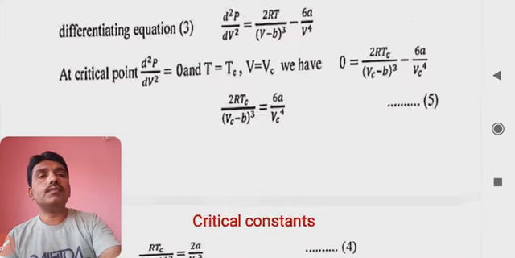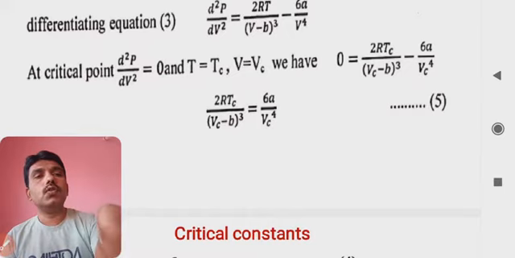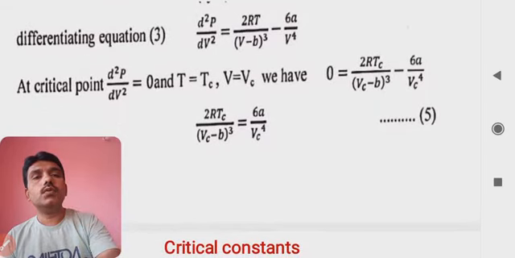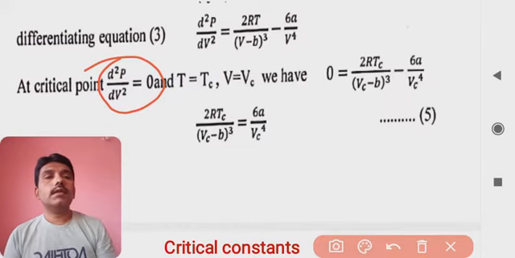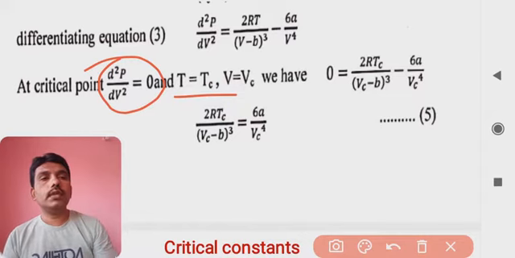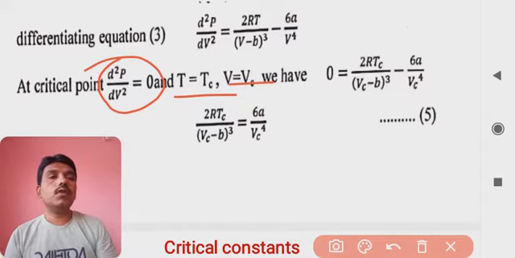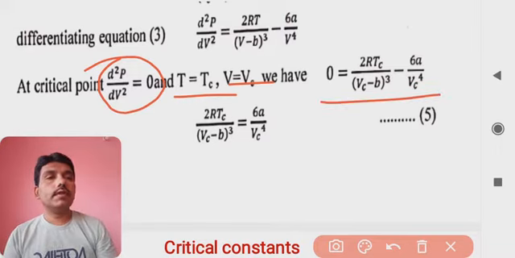Now again at the critical point, d2P by dV square is also 0, as dP by dV is equal to 0. No doubt at the critical point, the temperature is the critical temperature Tc and the volume is Vc, and 0 is equal to 2RTc divided by (Vc minus b) whole cube minus 6a divided by Vc raised to 4.